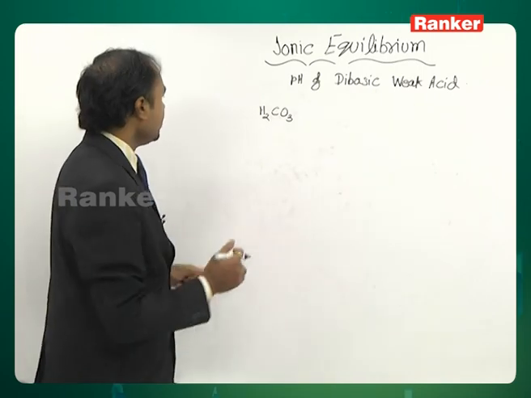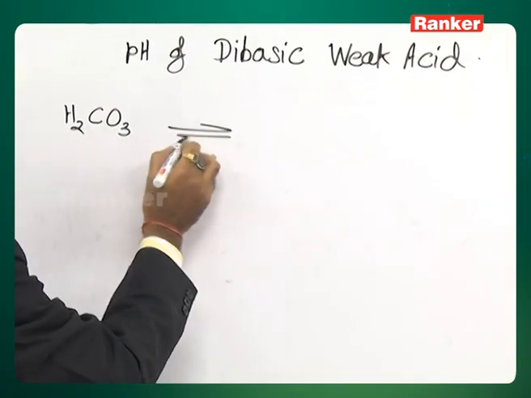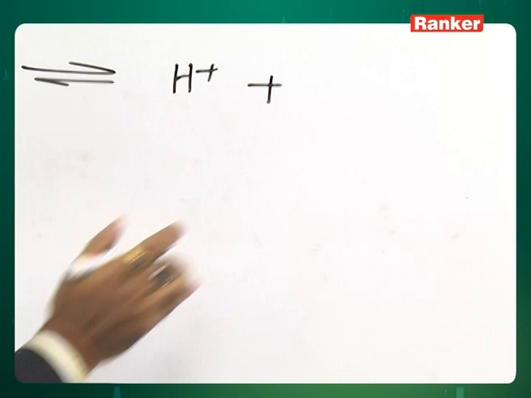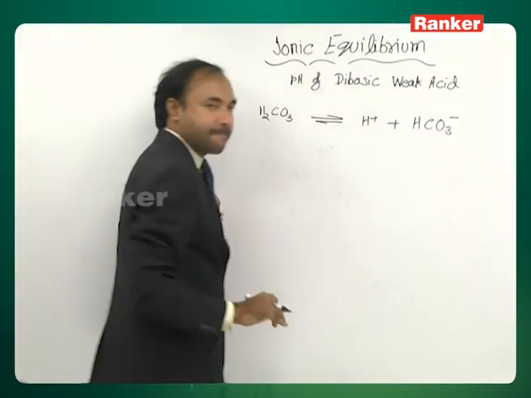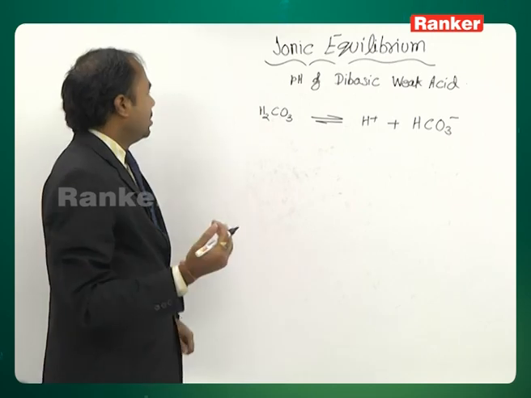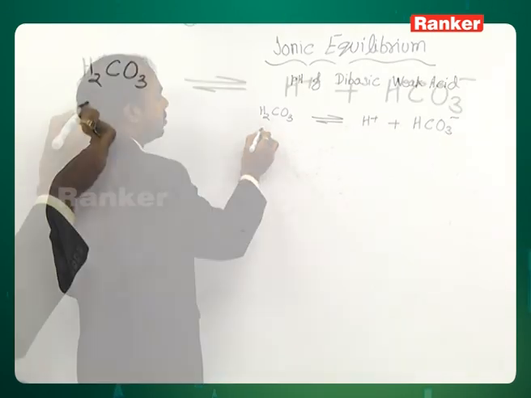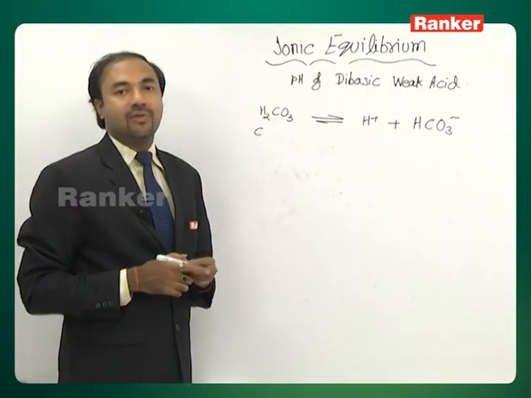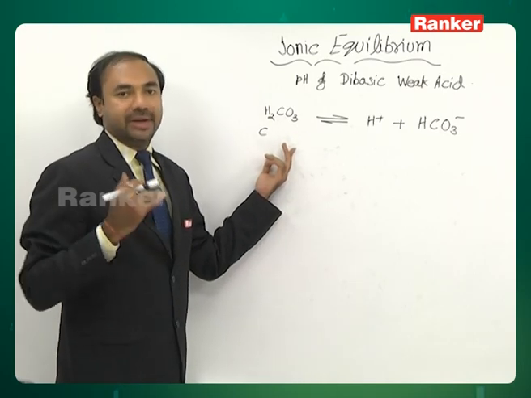Now, H2CO3 once it dissociates first gives H plus and HCO3 minus ions. We assume concentration of H2CO3 given to you is C. The question is to find the pH of a H2CO3 solution whose concentration is C moles per liter.